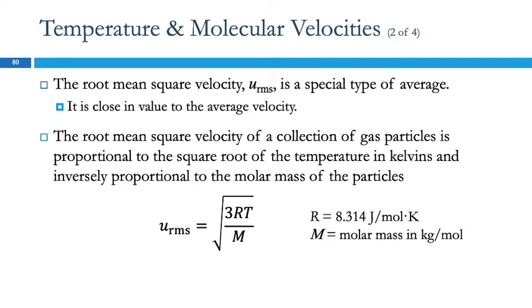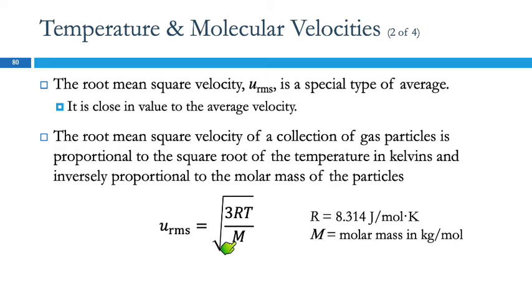So URMS is the root mean square velocity, just a fancy kind of an average. It's close to the regular average. You don't need to get into that. This average velocity of gas particles is proportional to the square root of the temperature in kelvins, and it's inversely proportional to the molar mass. So the square root of 3 times the ideal gas constant times the temperature in kelvins divided by the molar mass.